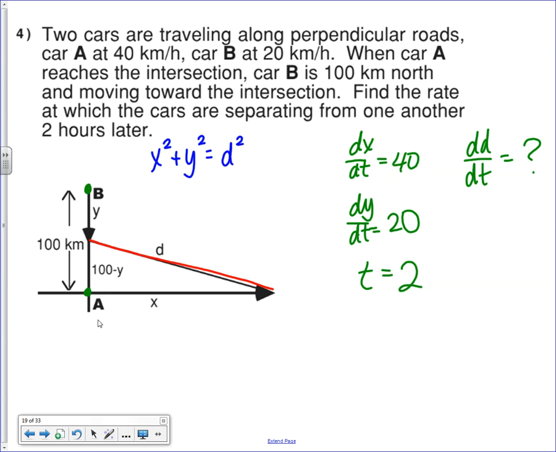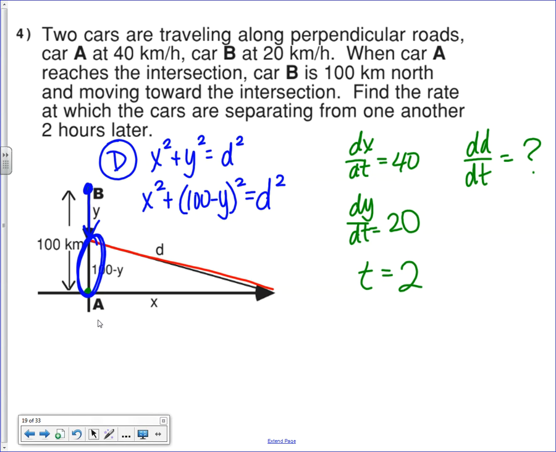But instead of y, we are going to be subtracting the distance from 100, because it starts 100 away and then keeps getting closer. So that would be 100 minus y. When I look at my equation, I can make that substitution, and this will be letter D in your answer choices.